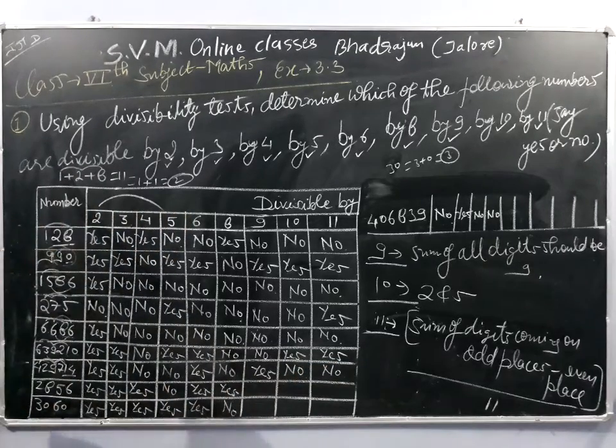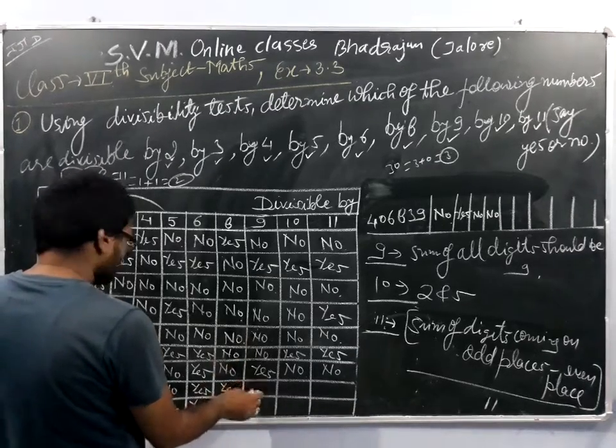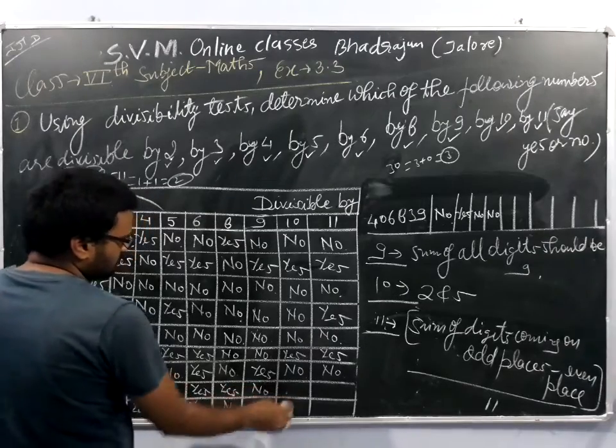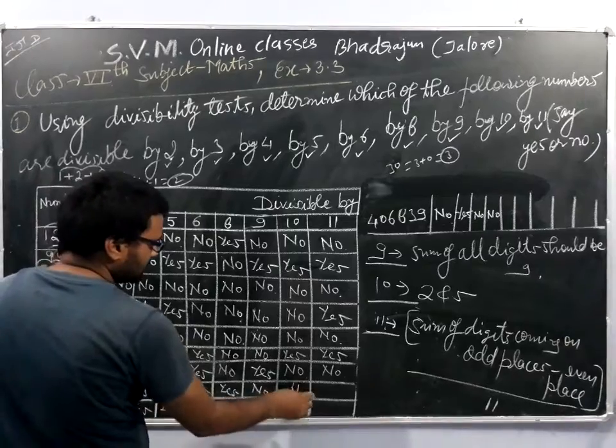Let us move towards the next question, which is to check the divisibility rule of 9. 8 plus 2 is 10, 10 plus 5 is 15, 15 plus 6 is 21. 21 is not divisible by 9, hence the whole number is not divisible by 9. Next, 110. The number is not divisible by 5, hence the number is not divisible by 10.